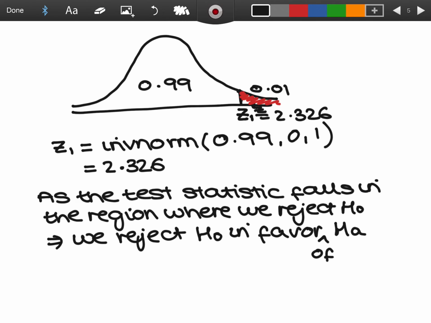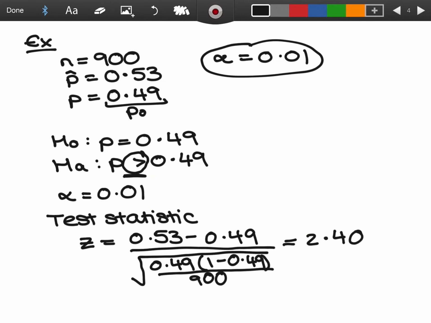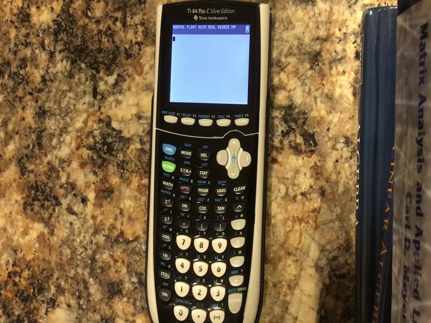So that means that given what we had with our sample data, given that the sample told us that in fact 53% of people favoured the annexation, that tells us that the prediction for that population proportion was in fact not correct, and we actually have to go with this alternative hypothesis. So in fact, it tells us that because of what we found in the sample, the population proportion is actually greater than the 49% that they thought it would be.